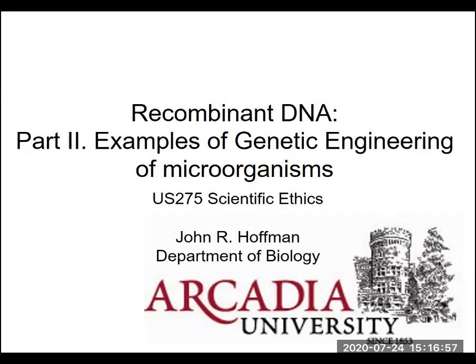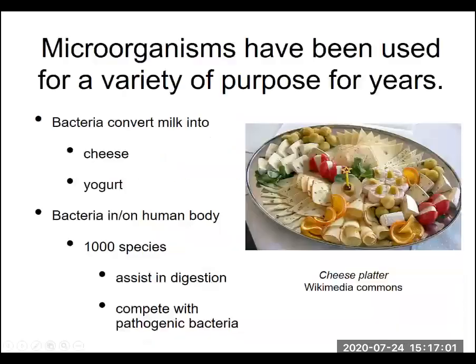And so again, to take a look at this historically, microorganisms have been used for a variety of purposes for years. We may think about bacteria as being bad, bacteria cause disease, but bacteria have been used for probably thousands of years now to convert milk into cheeses and yogurts.